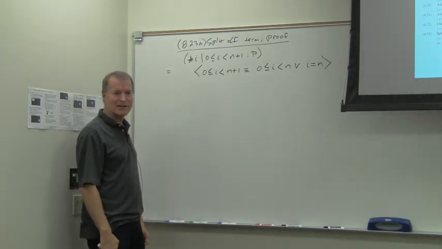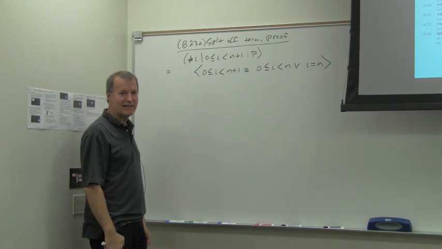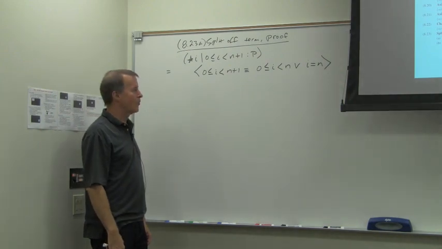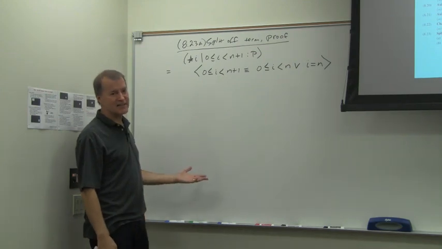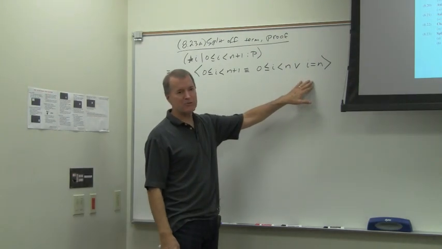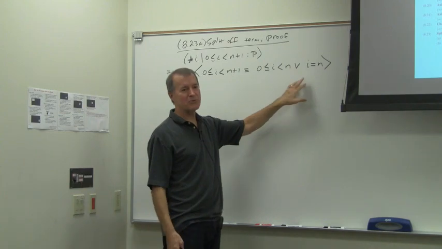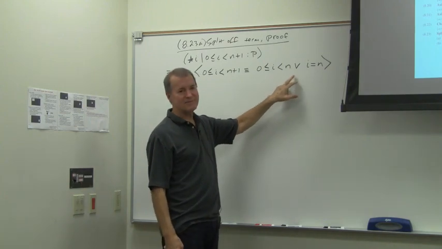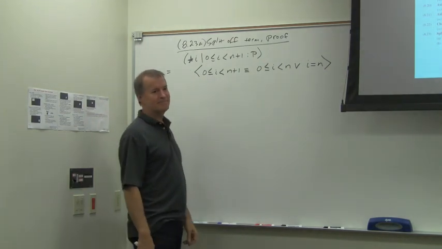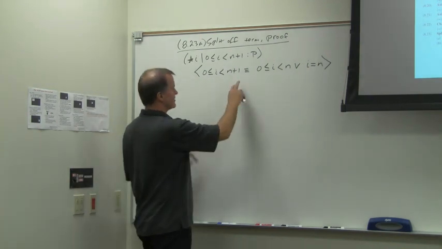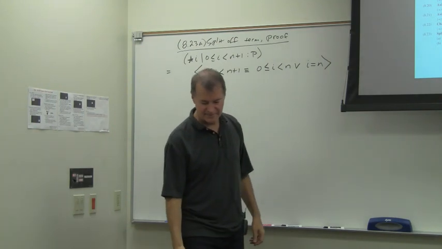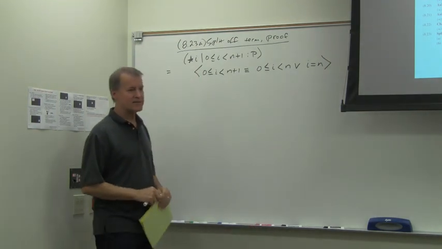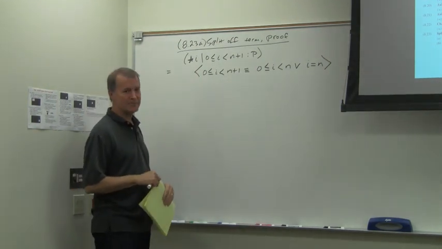Can't both of them be true at the same time? In this case they can't, and even if they could be both true at the same time, the or would still hold either way. Does everybody buy this step now?